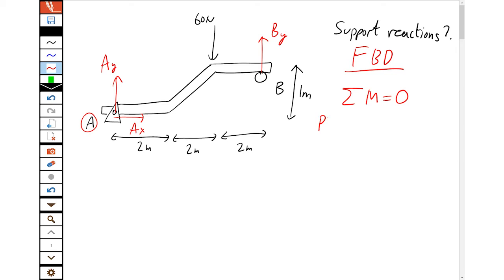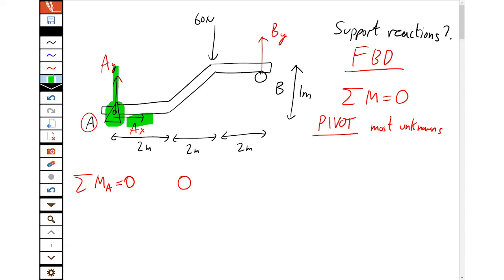Now remember, to take the moments, we need to choose a pivot point. And to make our math easier, we always choose the pivot with the most unknowns. And we can see here, that's A. It's got 2 unknown forces, while B only has 1 unknown force. So we take the sum of the moments around A is 0. So force AX is acting through the pivot, so it produces no moment.